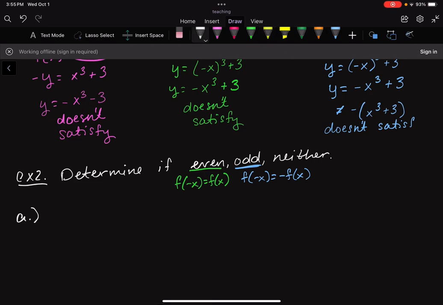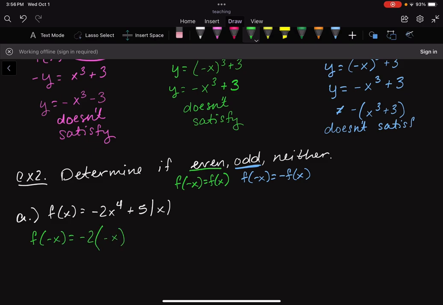So A, let's do f of x is equal to negative 2x to the fourth plus 5 absolute value of x. And so the nice thing is when you're testing if it's even or odd, it's the same process. We're just going to plug in a negative x and see what happens. So plugging in negative x, that's going to give me negative 2.